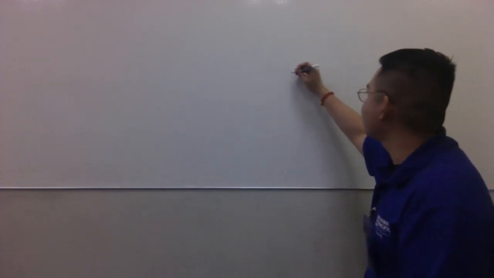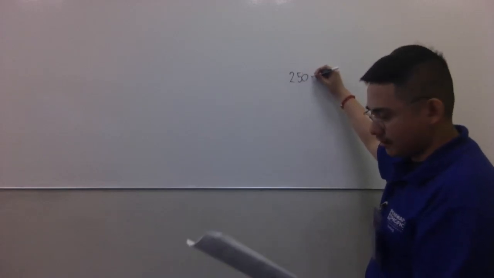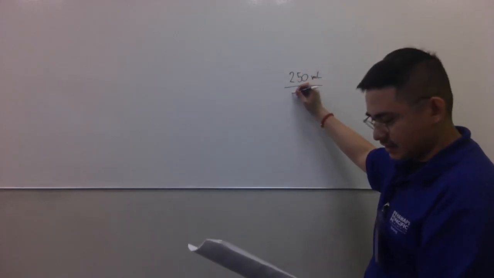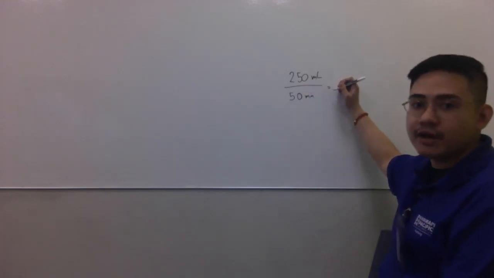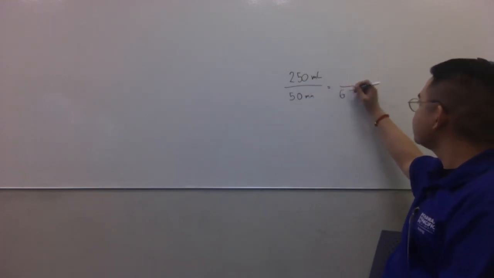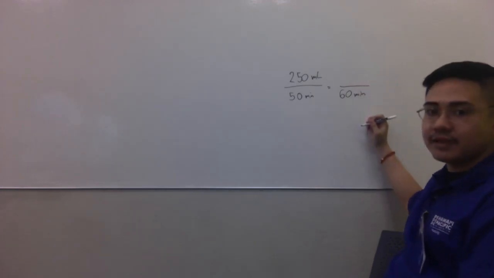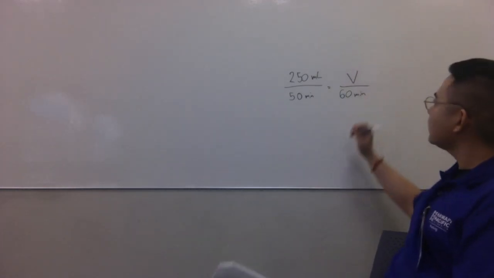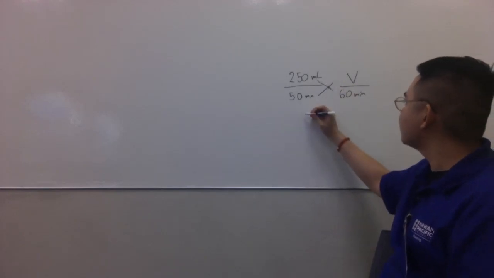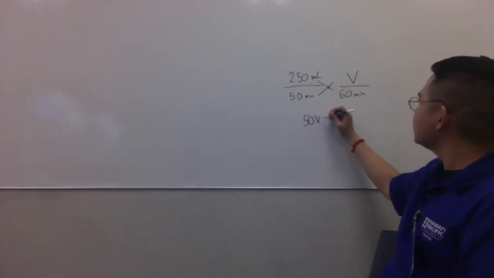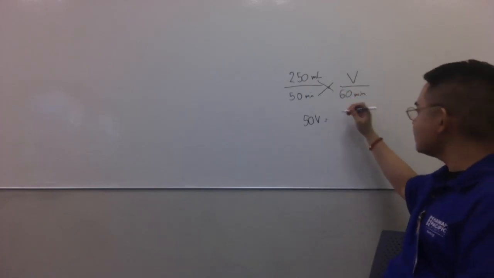So it's going to look like this: 250 mL infused over 50 minutes. And remember, 1 hour is 60 minutes, so we just put 60 minutes right here. For the unknown volume, we just cross multiply. So 50V equals 250 times 60, which is 15,000.